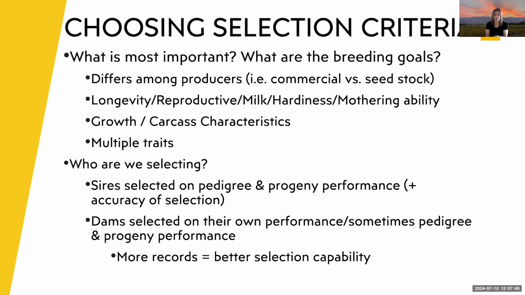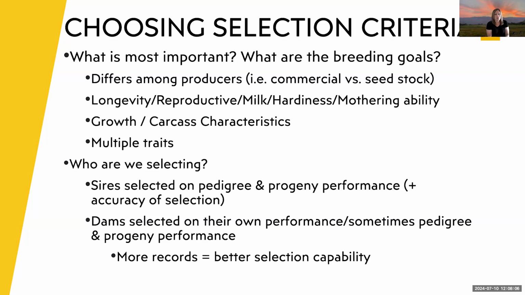I raise them clear to finish and sell them direct to consumer. But it's really important to me, if I'm going to be lambing in January, that my ewes are able to mother those lambs and I don't have to do all the work. So I do kind of a multiple trait selection system, and there's nothing wrong with that. In fact, a lot of times you're going to make more progress doing multiple traits, as long as you don't get carried away, than if you just choose one and stick to it.